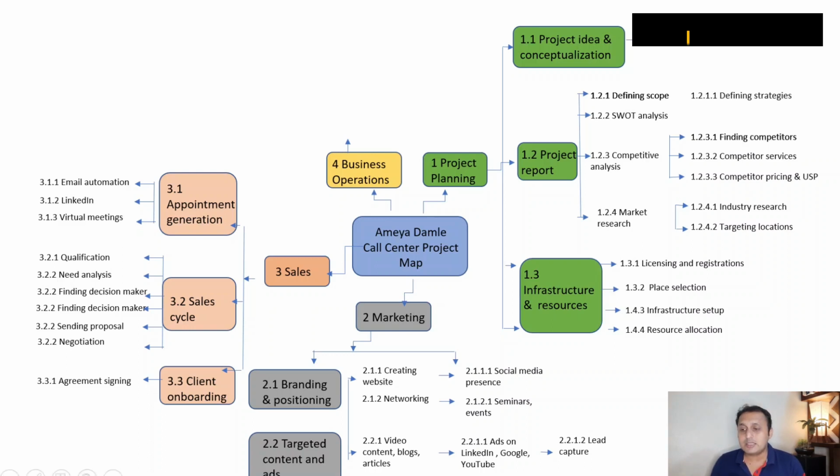So sales cycle is basically qualifying the lead. Every person that you talk to or every business that you talk to is not necessarily qualified. So you need to understand whether the lead matches your qualification criteria. That means if it is from the same industry that you are targeting, if they make the same revenue you're looking for, their overall turnover, or it's just a startup company and they cannot afford your services.